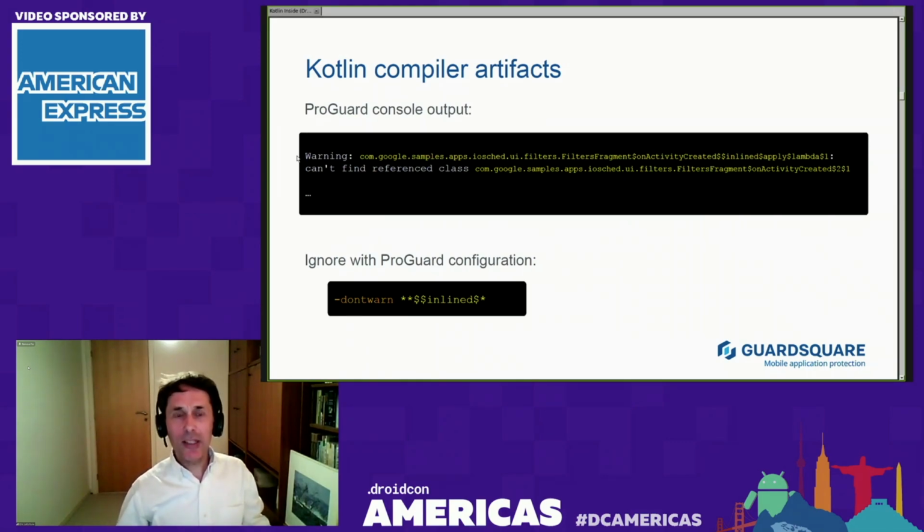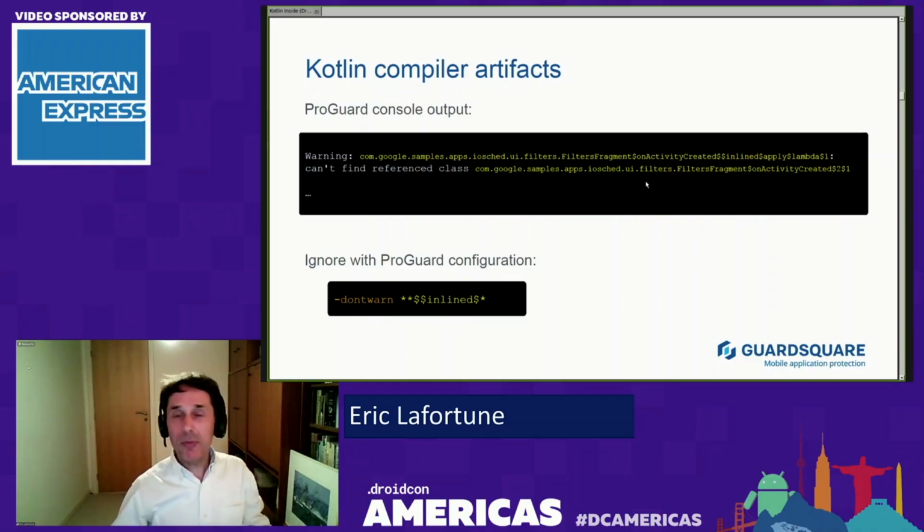You get similar warnings here if you use Kotlin, but these are a bit more mysterious in the sense that some very obscurely named class seems to be referring to another obscurely named class, and that latter class isn't present in the code. Studying the bytecode, this actually seems to be true. This class has some metadata, and that refers to this other class that really is missing from the application.